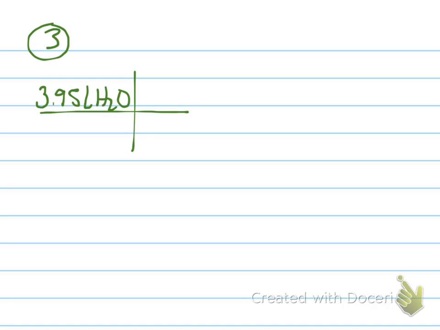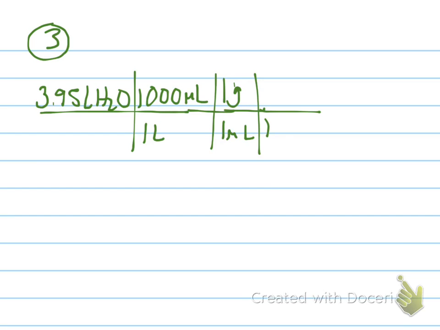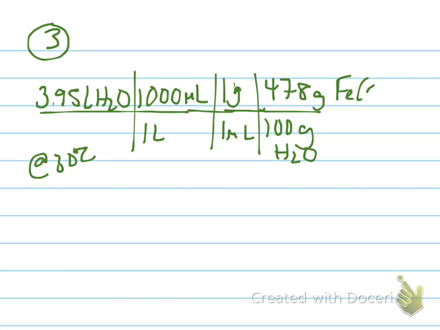Okay, we want to make sure that we're in the correct units to use a solubility table. So 1,000 milliliters is 1 liter. 1 milliliter of water is 1 gram of water. And in every 100 grams of water, at this temperature, and this is at 30, we can dissolve 478 grams of iron 3 perchlorate.